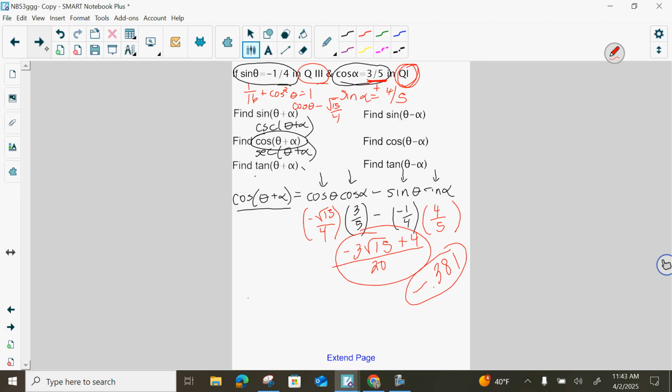Claudia kind of gave you a hint before of how you can check yourself, right? So let's check ourselves. Sine of theta is -1/4, and I'm in quadrant 3. Go find me theta.